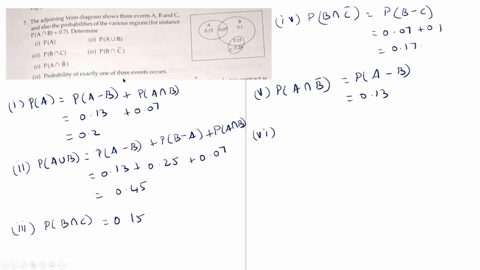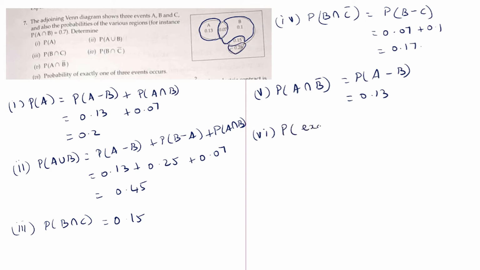Then the next subdivision, probability of exactly one of three events occur. Now the probability of exactly one of these three events occur is either we have A alone, or B alone, or we have C alone.